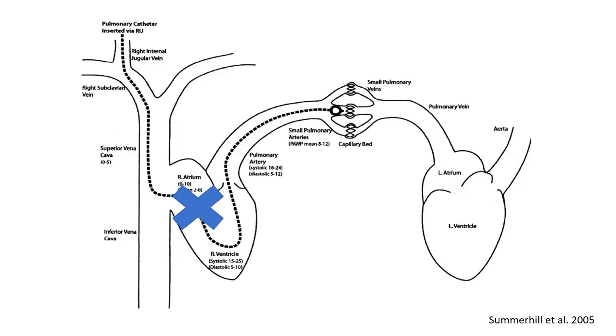So let's say we had tricuspid stenosis. Our CVP would be very high, right? Our pulmonary artery pressure would be normal, and our wedge would be normal, because the limitation is way back here. All right, let's say we had mitral stenosis. There we'd have a wedge that is high.